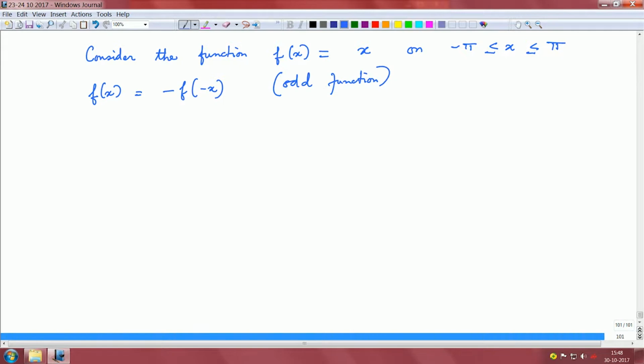Therefore, you do not have these a i's and you can compute these b i's.